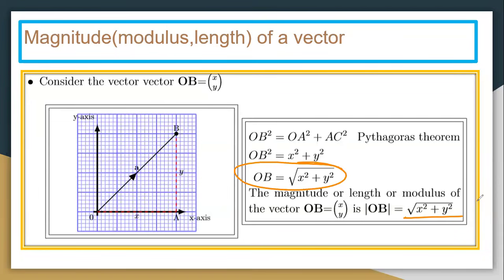So when we are finding the magnitude in 2 dimensions, I hope you still remember from your O-level math, even from primary, this is how we find the length for a 2-dimension figure. In case you have any question, you may ask, but I wanted to concentrate on a 3-dimension figure.